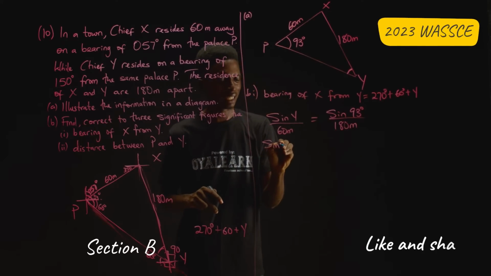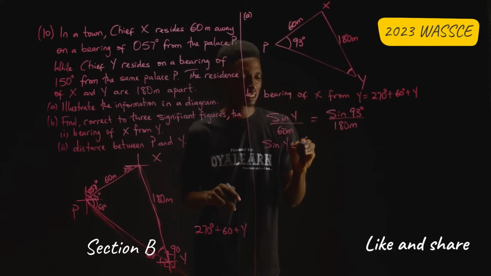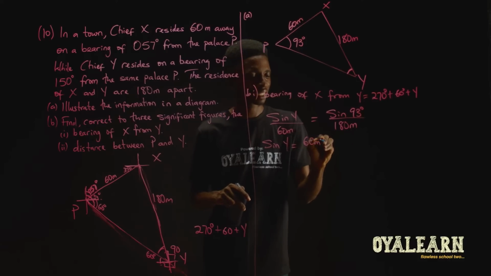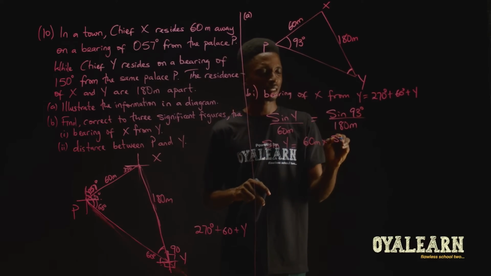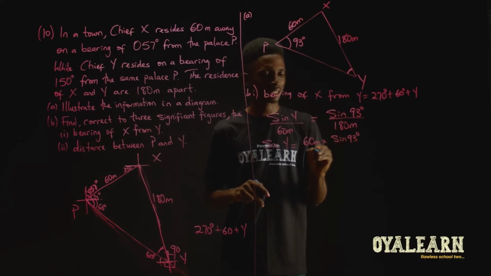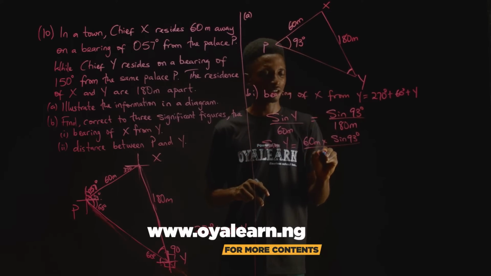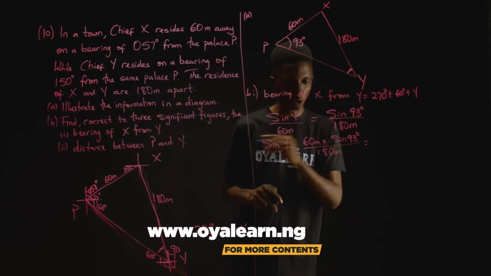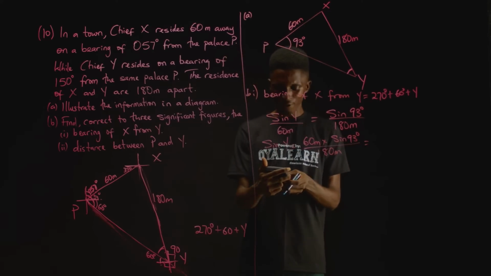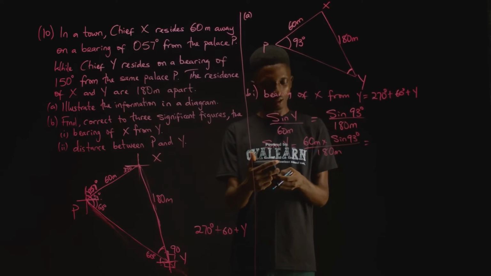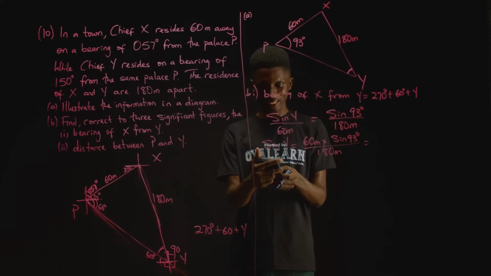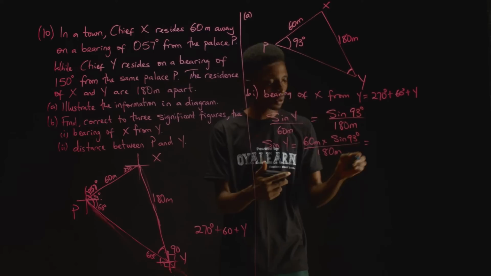So sine Y therefore becomes 60 meters multiplied by sine 93 degrees over 180 meters. Now let's compute this. So we have 60 multiplied by sine 93, and then we divide our answer by 180 meters.